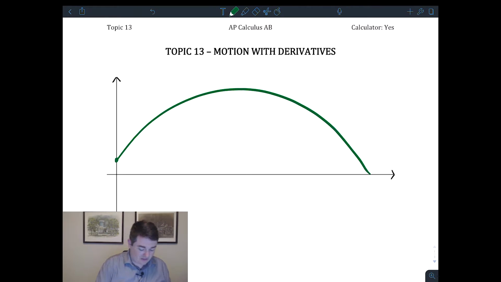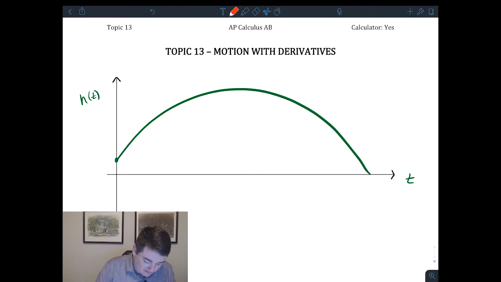And so this graph is measuring the height of the ball as a function of time until it hits the ground. And what I want us to think about, not just the height of the ball, but what is the velocity of that ball? The moment the ball is released from my hand, it has an initial velocity, whatever that is.